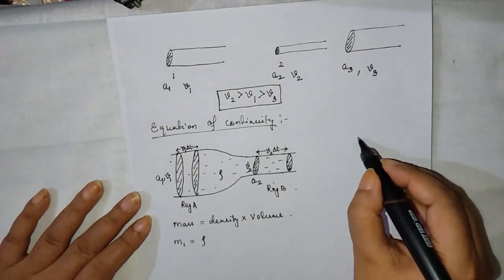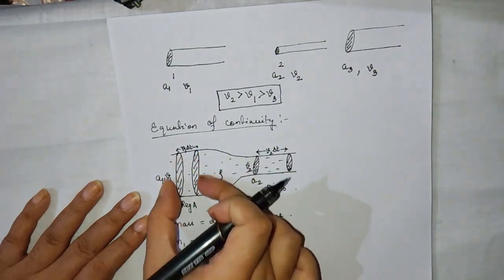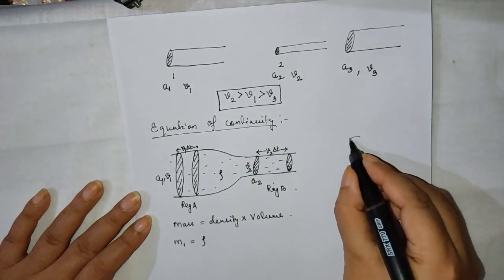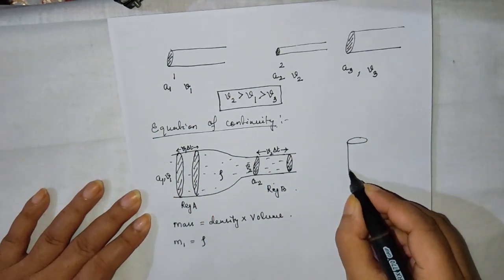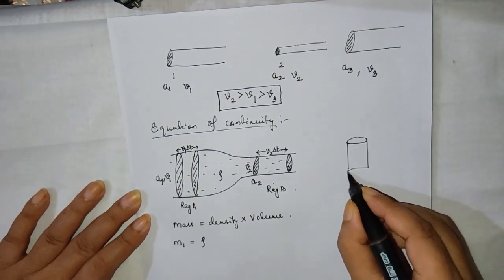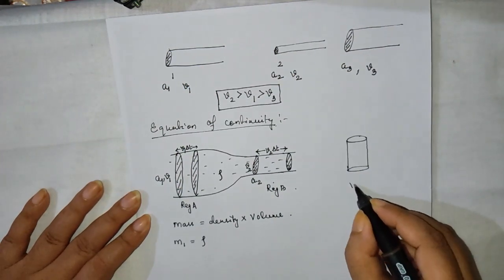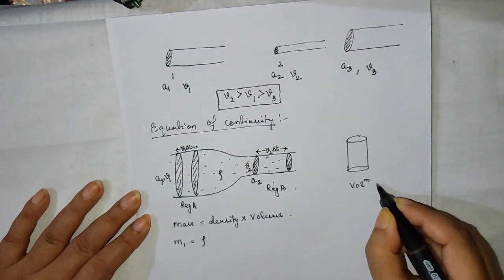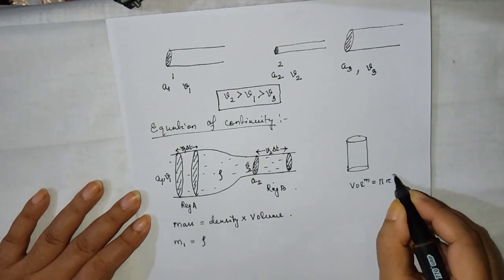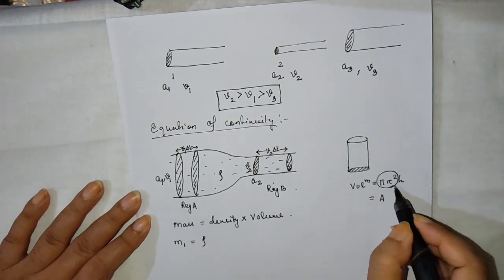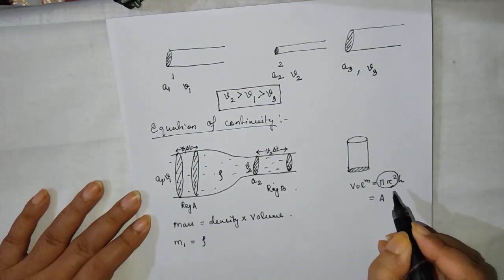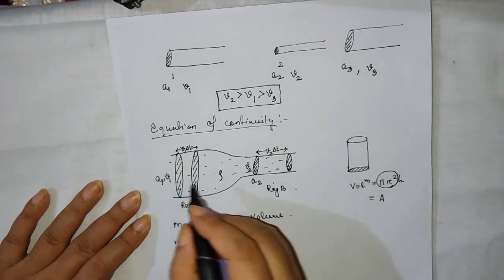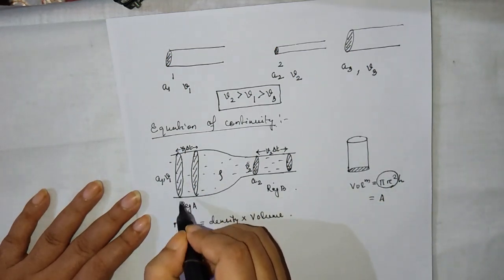This portion is a cylinder. The formula for the volume of a cylinder is pi r square h. This pi r square is the cross-sectional area that I have taken as A here.